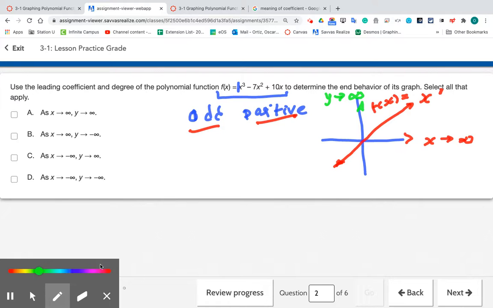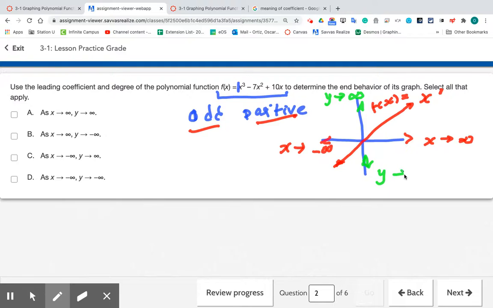And when I move to the left, or in other words, when x tends to negative infinity, what I can see is that the function goes down. So y tends to negative infinity. Remember, on the y-axis, positive infinity means up, negative infinity means down.